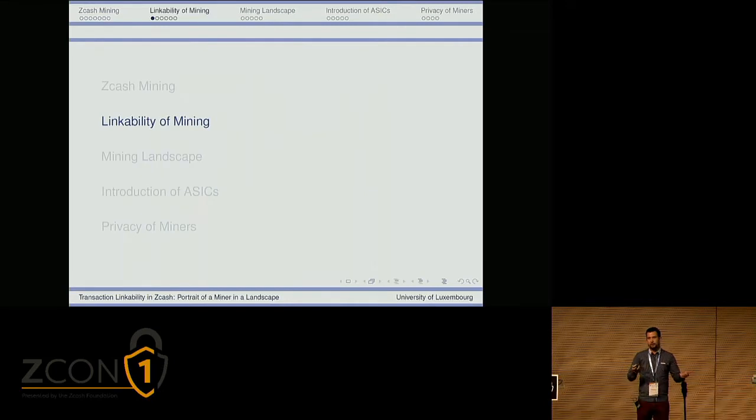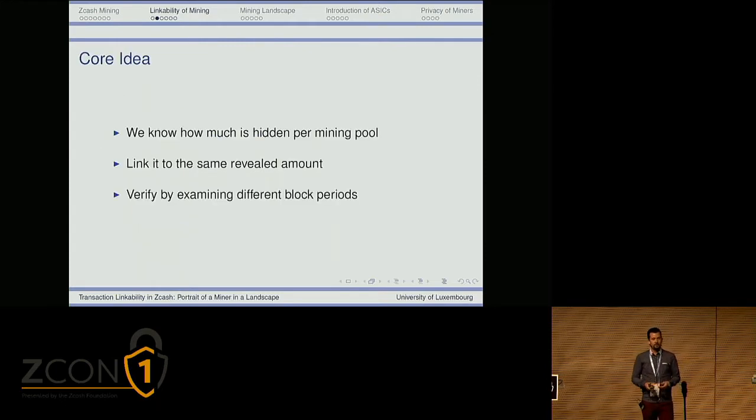So now the question is, how do we actually link a mining pool to these payout transactions? Well, our core idea was that for every mining pool and every miner even, we know exactly how many coins they mined, and we know exactly how many coins they have hidden to the shielded pool.